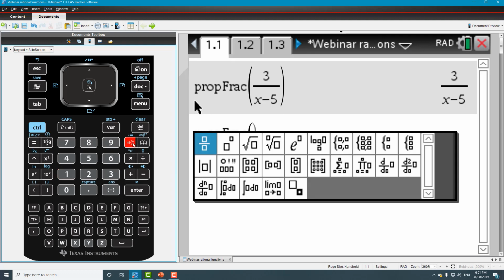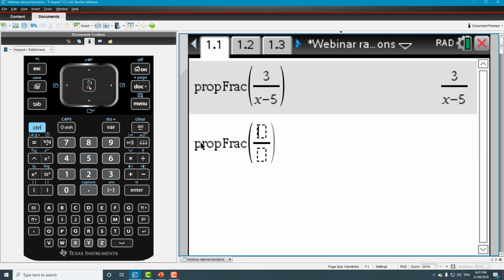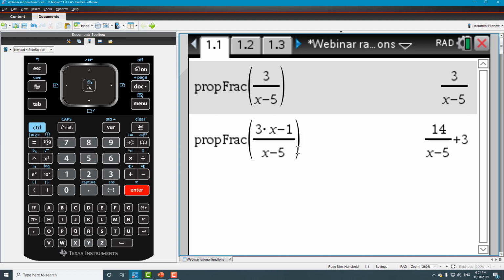Let's get the fraction template, which is 3x minus 1 over x minus 5. Now in this case I will get a quotient, and the quotient is positive 3, which will be my horizontal asymptote. So the horizontal asymptote is y equals 3, and the vertical asymptote is x equals 5.